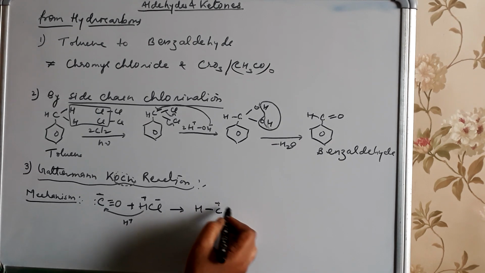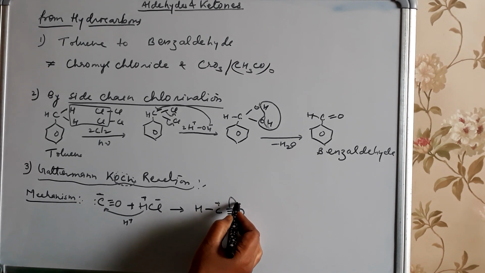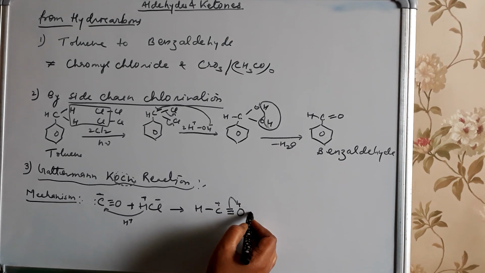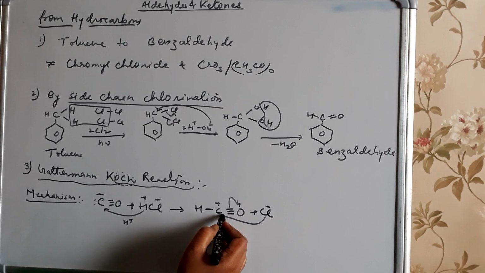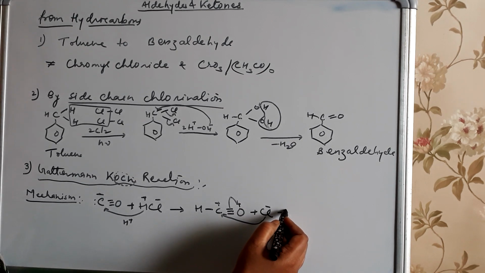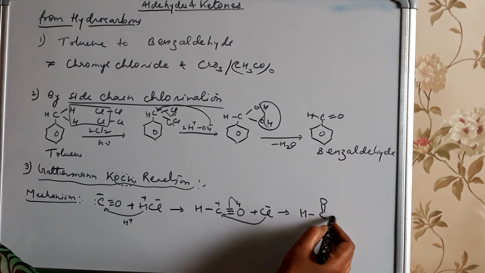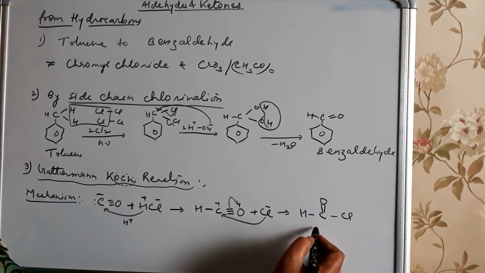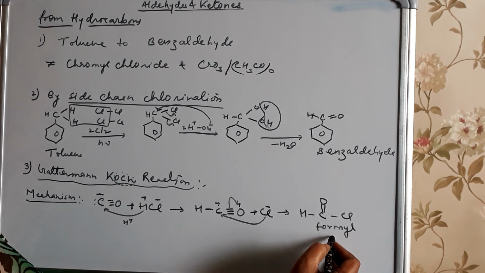Carbon has positive charge and the triple bond oxygen here acquires positive charge also. So this pi electron shifted towards here and chlorine goes towards the carbon and the formation of formyl chloride takes place. It is known as formyl chloride.